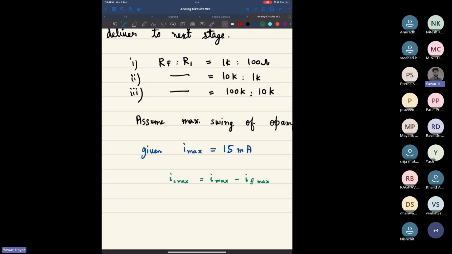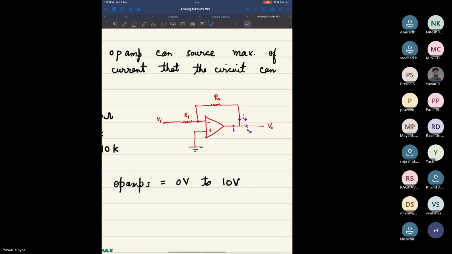Your IL max would be I max minus IF max. I max is 15 milliamp minus, your IF max would be what? It's between these two nodes, so this would be V naught by RF.